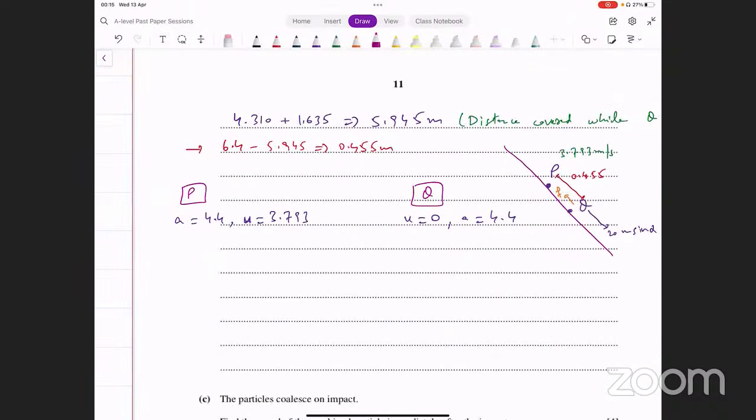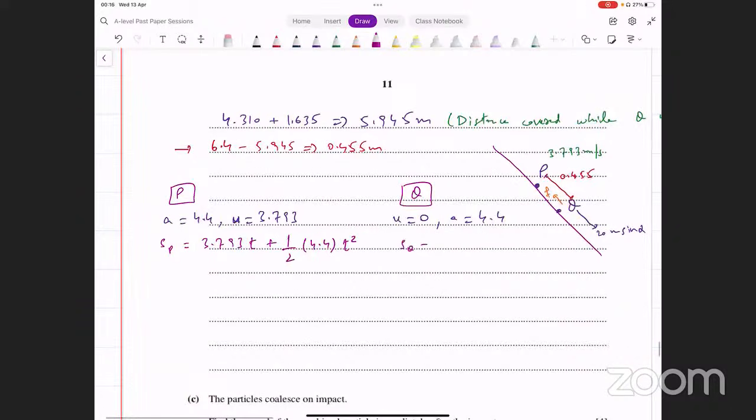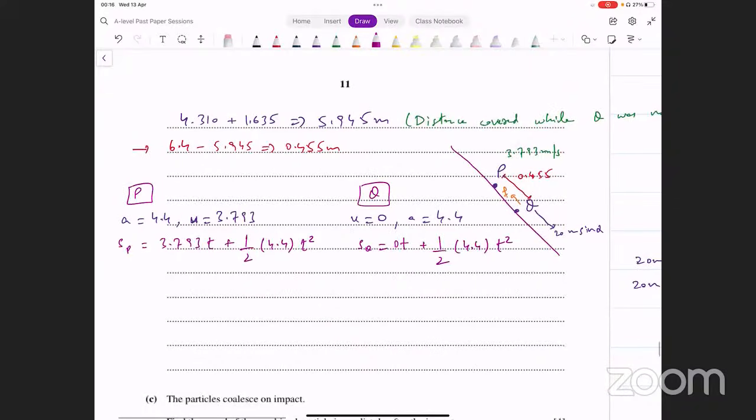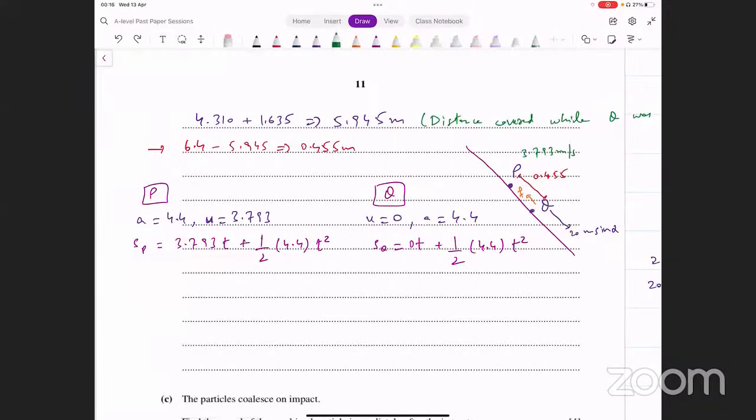अब दोनों की displacement क्या हो जाएंगी? SP is going to be equal to 3.793 t plus half into 4.4 t square. SQ क्या हो जाएगा इस पॉइंट के onwards? 0t, that's just 0, plus half into 4.4 into t square. अब क्योंकि P जो है वो ऊपर है 0.455, Q नीचे है, तो जब collide करेंगे P ने ज्यादा distance travel किया होगा, Q ने कम distance travel किया होगा.